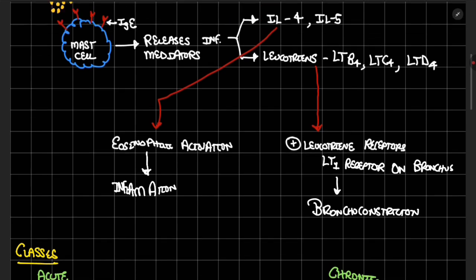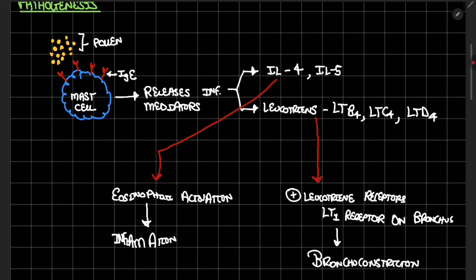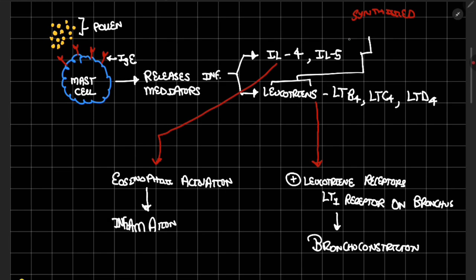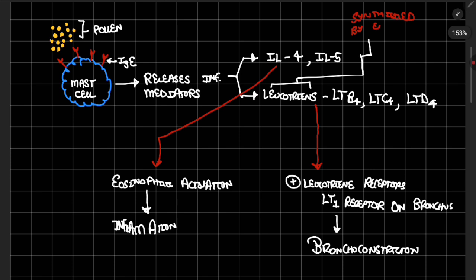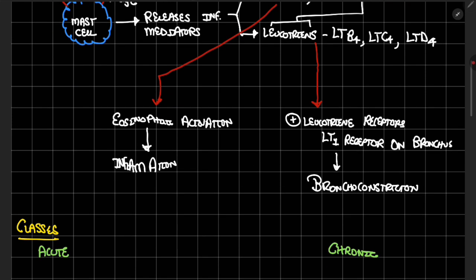Okay, what are the LOX inhibitors? Leukotrienes are among the inflammatory mediators released when the mast cell is activated. They are synthesized by an enzyme, the LOX.